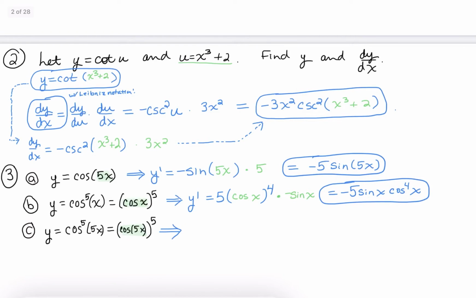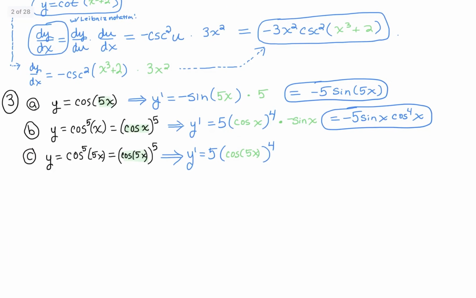So the derivative of the outside is going to be 5 times the inside function left alone to the fourth power. The inside function in this case is cosine of 5x. But guess what? That's what we did in part A, and that requires its own little chain rule.